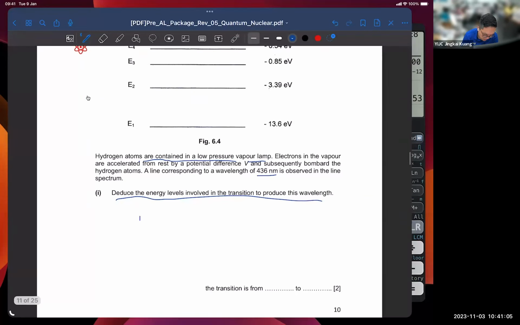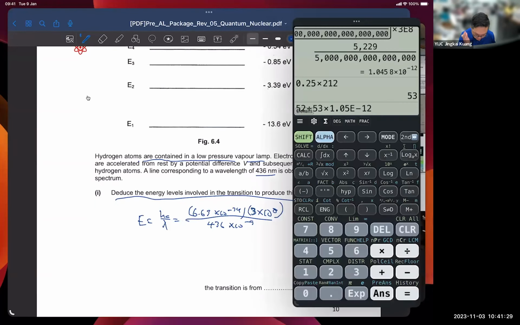So I have E equals to hc over lambda. You just do the conversion. So 6.63 times 10 to the negative 34, speed 3 times 10 to the power 8, divided by 436 times 10 to the power negative 9. Then I can work out the energy.